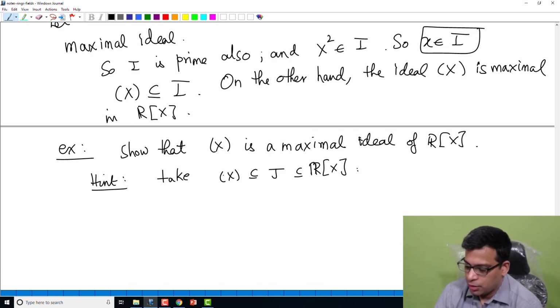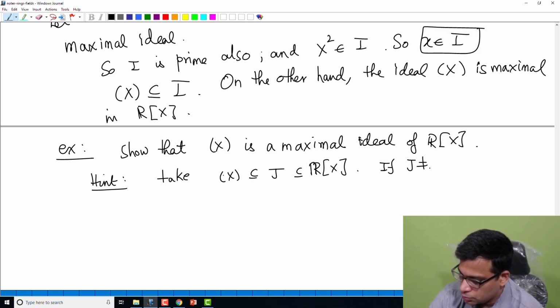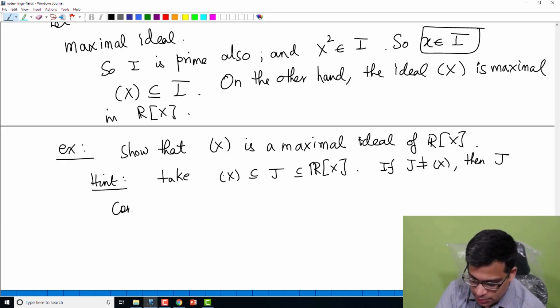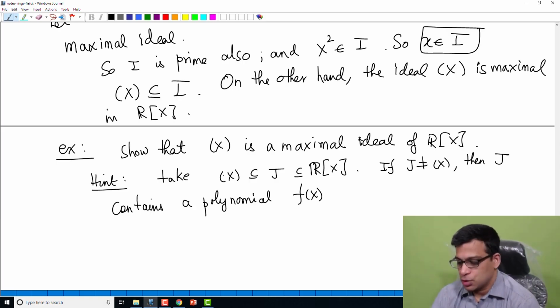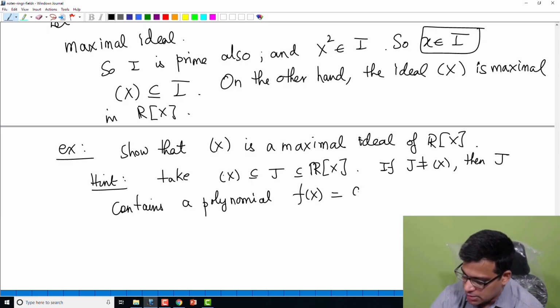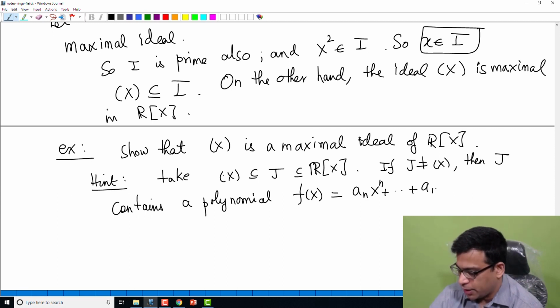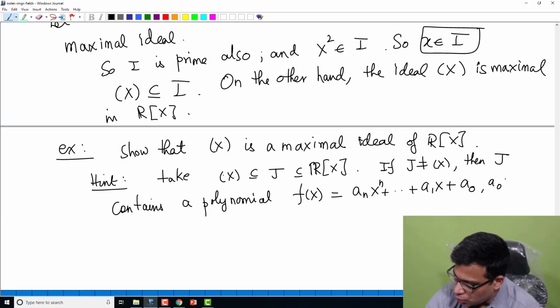Then argue that if J is not equal to (x), then J contains a polynomial, let's say f(x). Remember, R[x] is the polynomial ring, so these are polynomials in one variable x. I claim J contains a polynomial of the form a_n x^n + a_{n-1} x^{n-1} + ... + a_1 x + a_0, and a_0 is not 0.